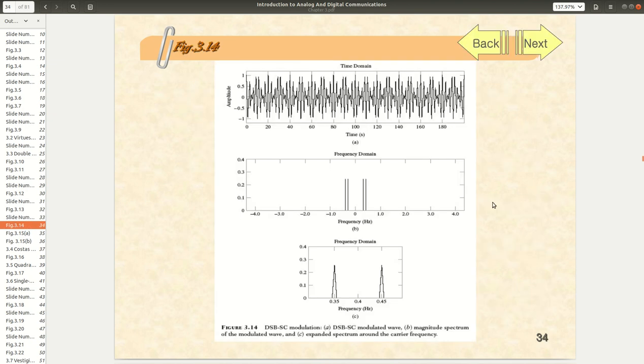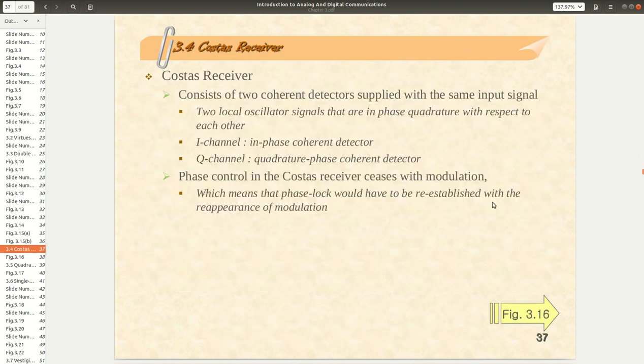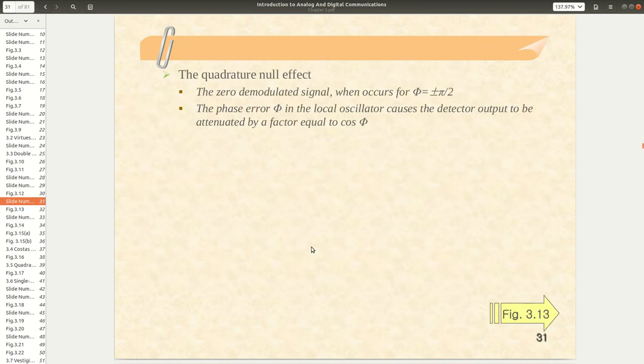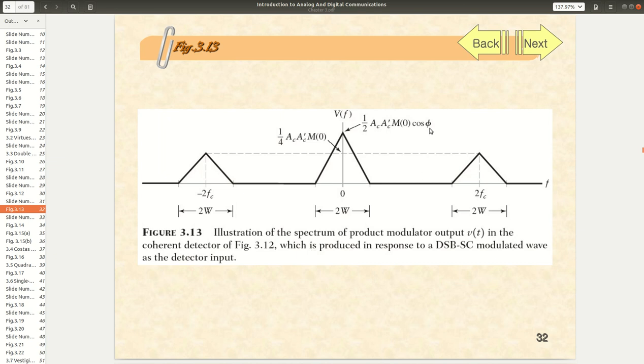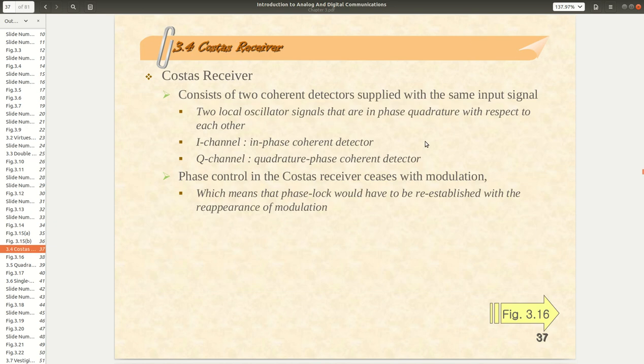Now to fix this, we will see that the Costas receiver is trying to remove this cosine phi problem by detecting the error, by having something like a feedback. So the Costas receiver consists of 2 coherent detectors, but one oscillator in phase and one in quadrature phase.